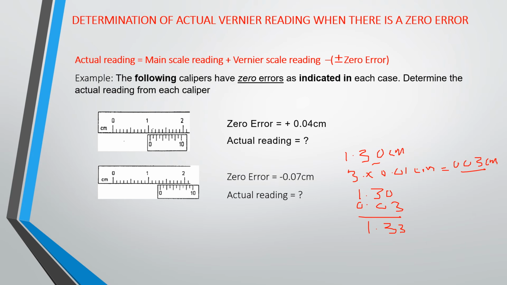So you're going to add that to this to give you your final reading. So when you do the addition, you have 1.40 centimeters, and this will give you the actual reading of this Vernier scale. So that is how to do your calculation when you have a Vernier scale that has a zero error. We'll still take one more.